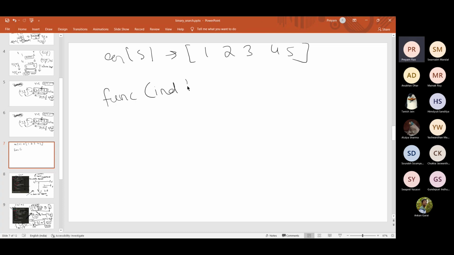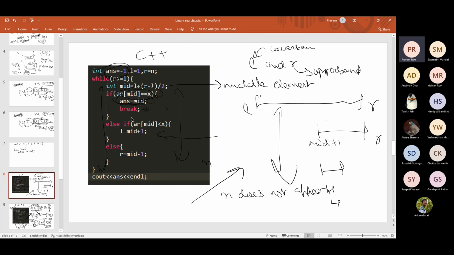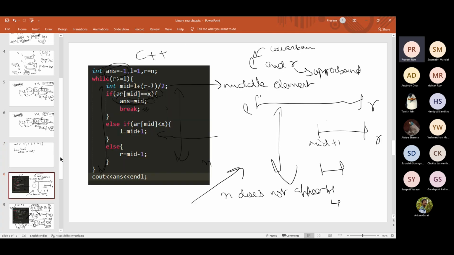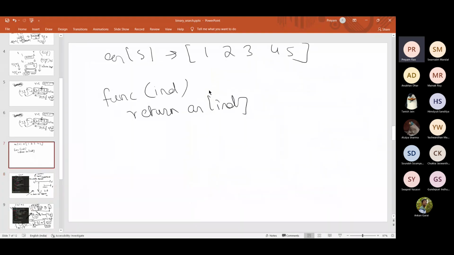Let's say a function index which would return AR index. So now instead of AR mid, we write function mid, and everything else would remain the same. The only difference is instead of AR mid, we write function. So this gives us a better understanding of binary search. Binary search does not need to work only with an array, it can work with a function.